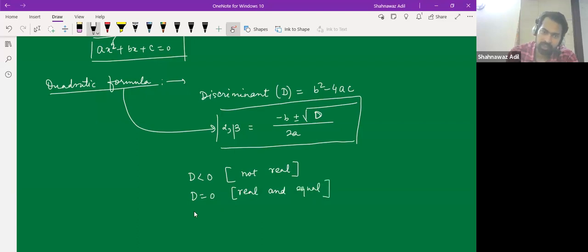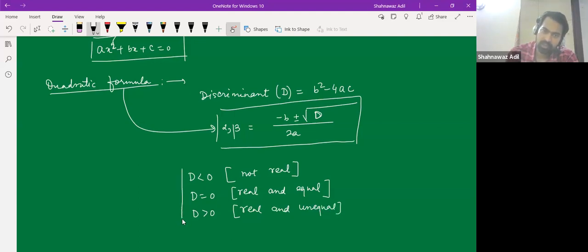And if D is greater than 0, one would be plus something and the other would be minus that something, so we have two distinct roots, and they are real. So real and distinct, or unequal.